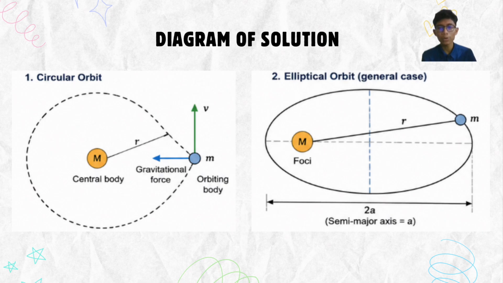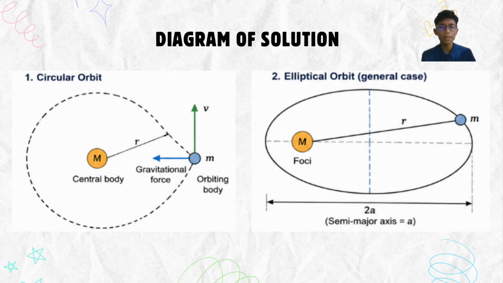The green arrow represents the velocity of the orbiting body, which is always tangent to the circular path. Meanwhile, the blue arrow represents the gravitational force, which always points towards the central body. This inward force acts as the centripetal force that keeps the object moving in a circular orbit.